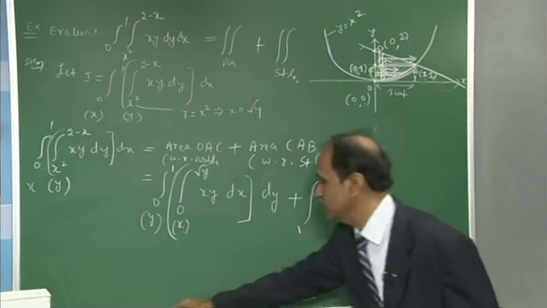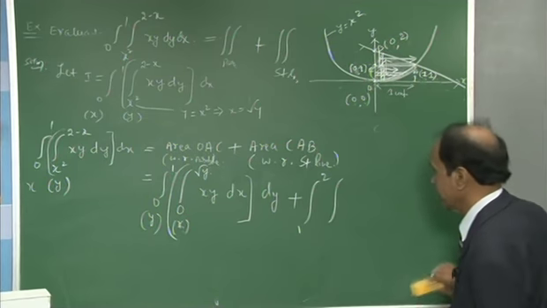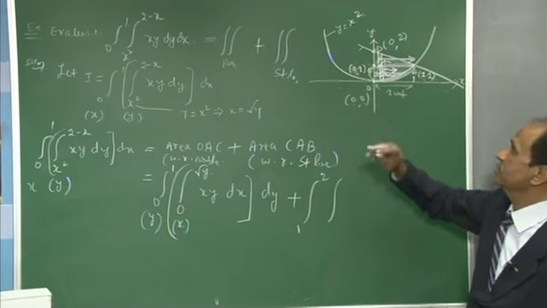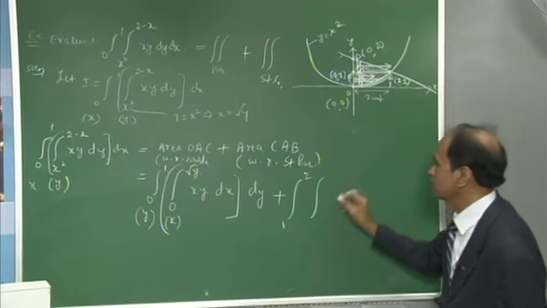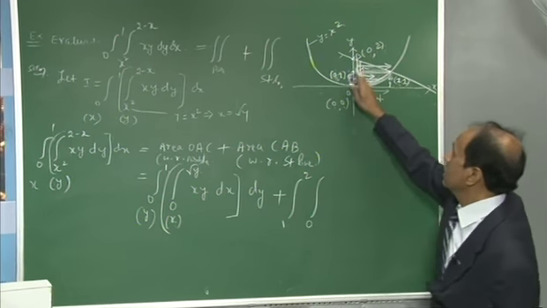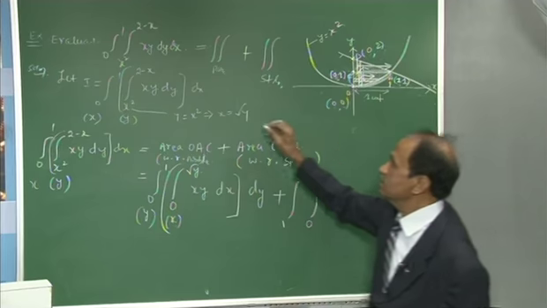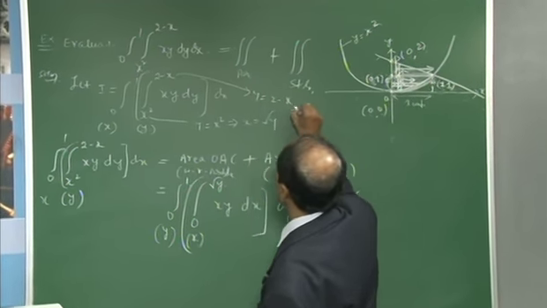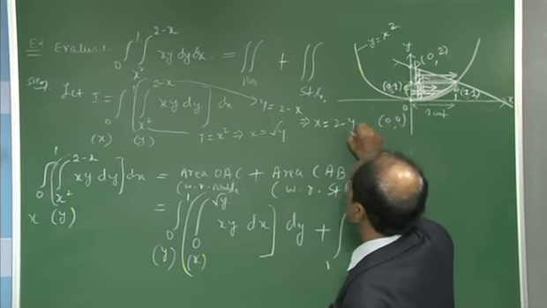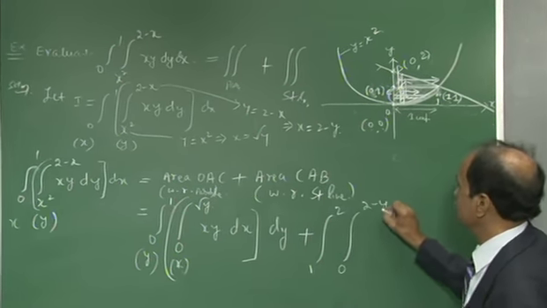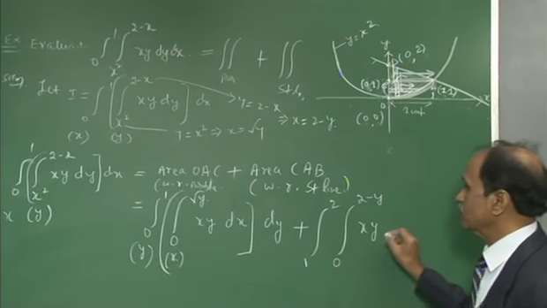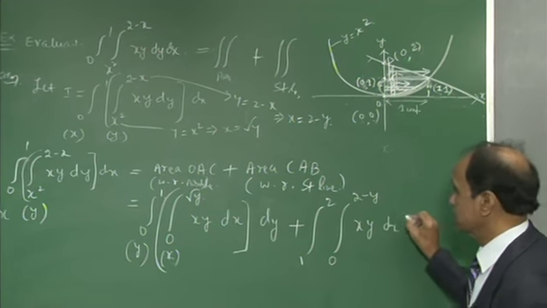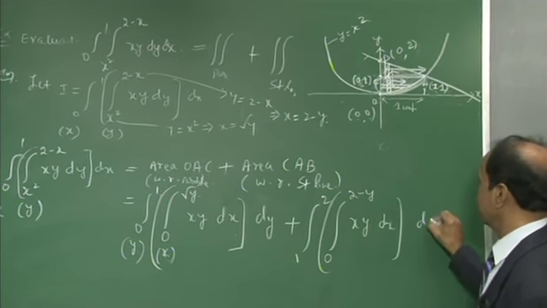This is for y, and the other limits are for x. The other limits for x: x is associated with the straight line, x on the y axis is 0, and for this straight line, y equal to 2 minus x implies x equal to 2 minus y. This is 2 minus y. Therefore, xy, the order is now according to this, you have to write dx and then dy.